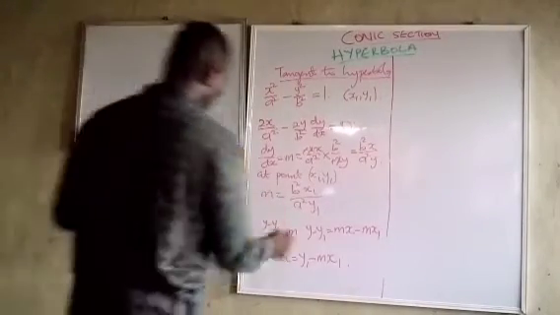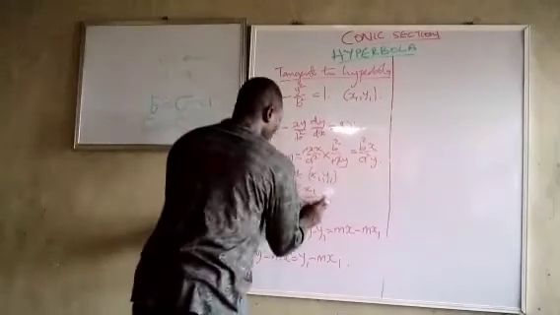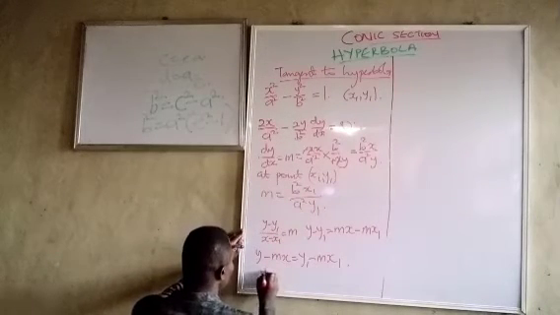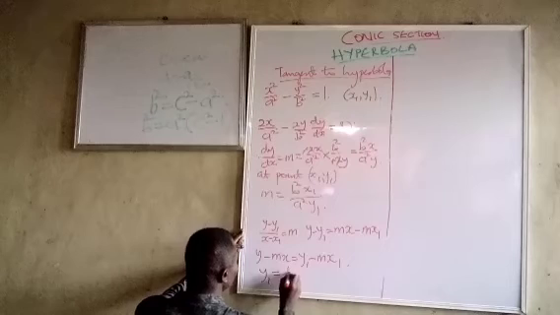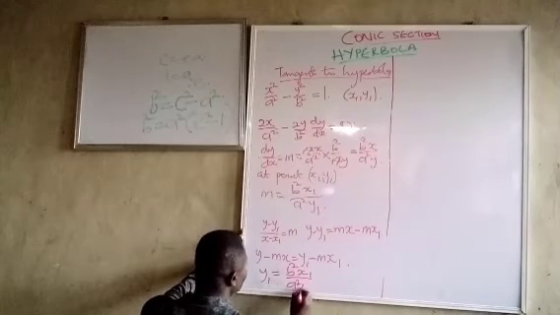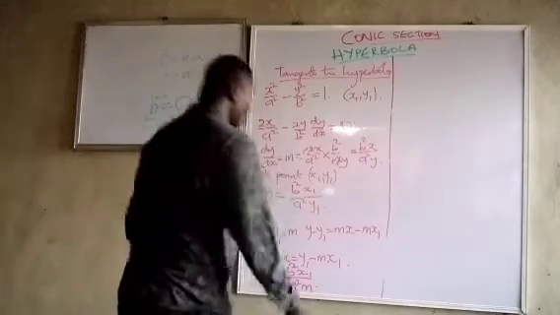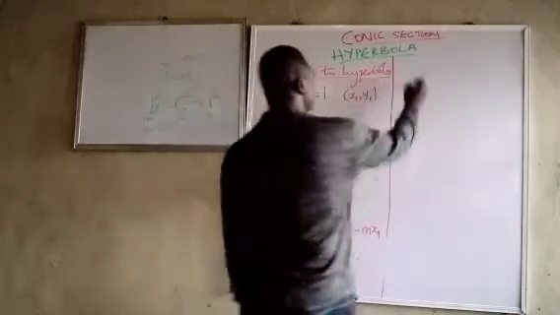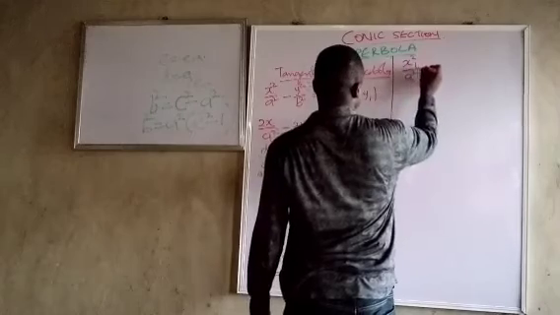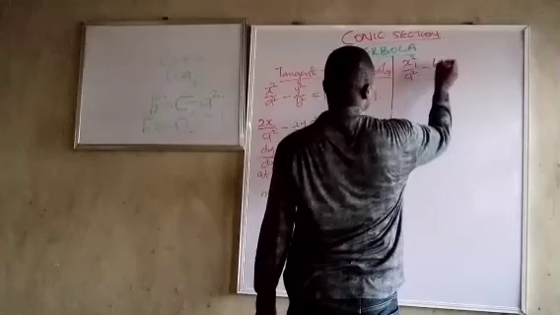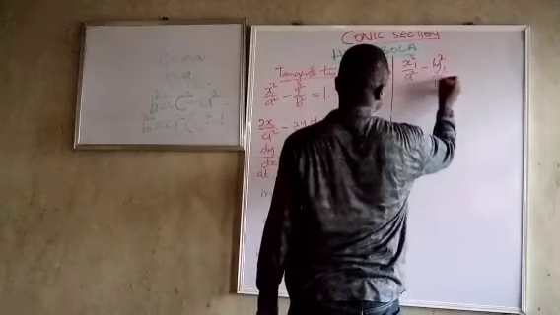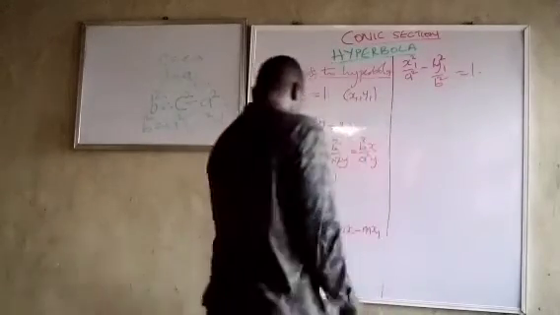Now, looking at this equation, we see that our y1 is equal to b squared x1 over a squared y1. And we also know one thing, that x1 squared over a squared minus y1 squared over b squared is equal to 1.